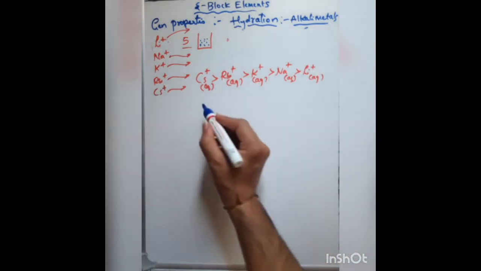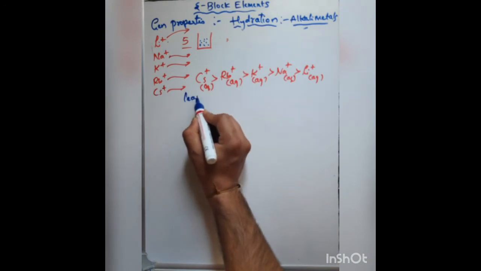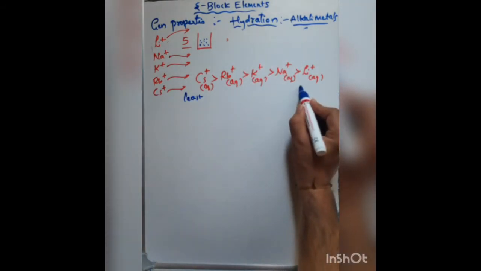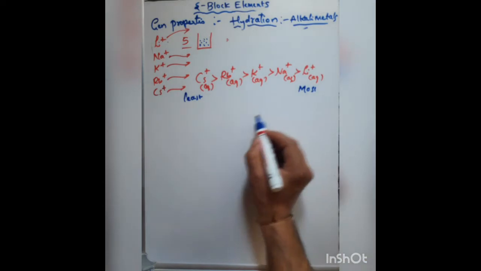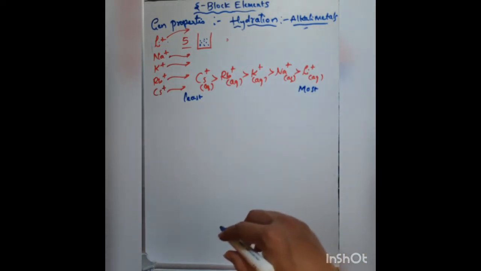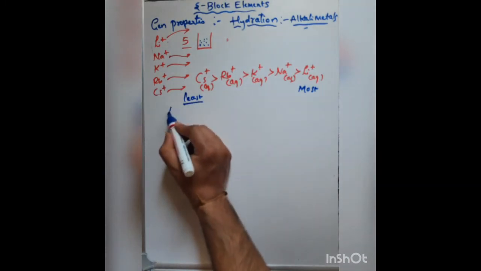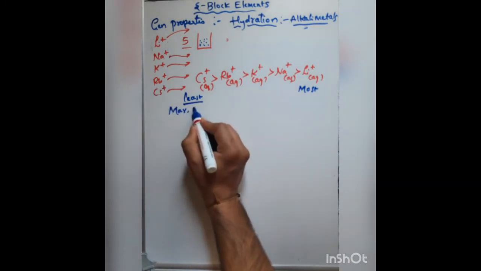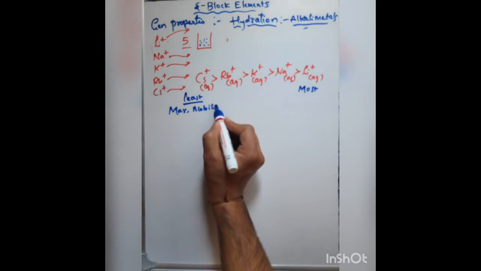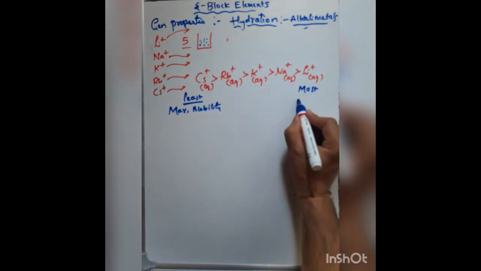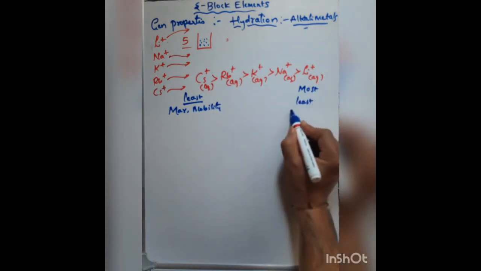So here cesium is least hydrated and lithium is most hydrated. So cesium is having maximum mobility and lithium is having least mobility.